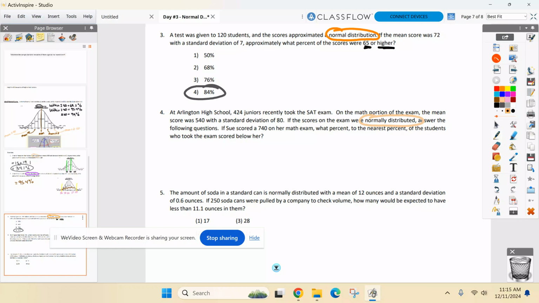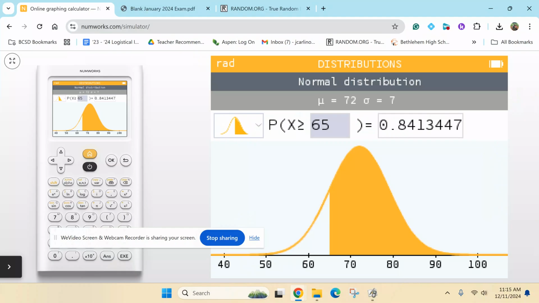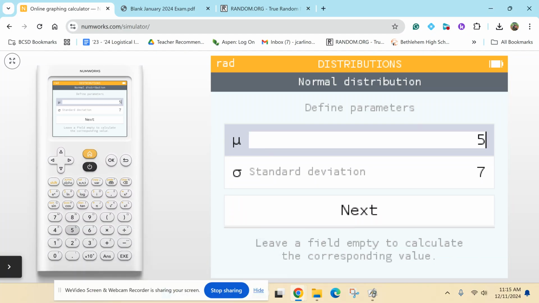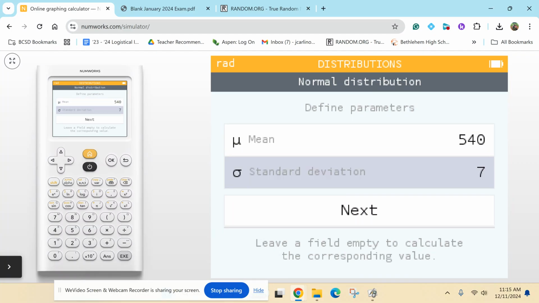If Sue scored a 740 on her math exam, what percent of students scored below her? All right, let's go. Let's go back. What's the mean? 540. And standard deviation of 80.